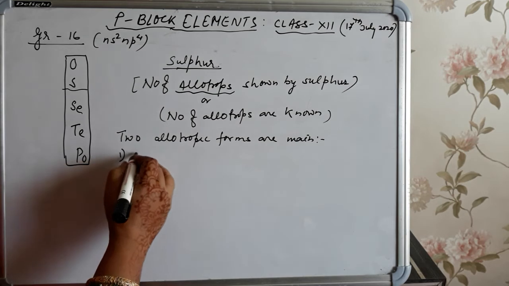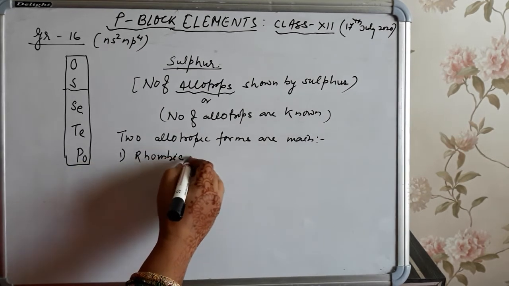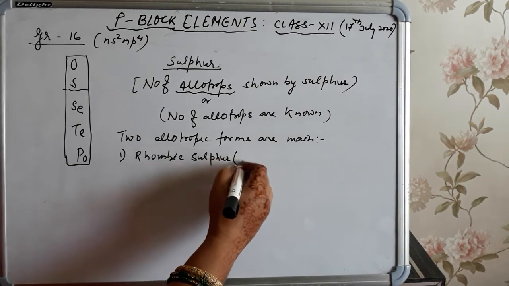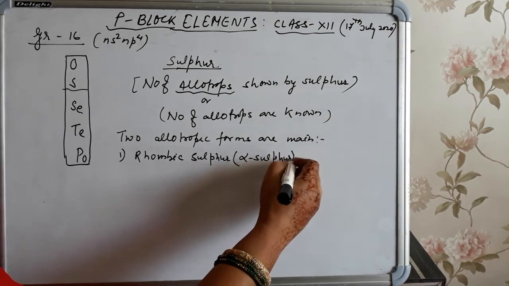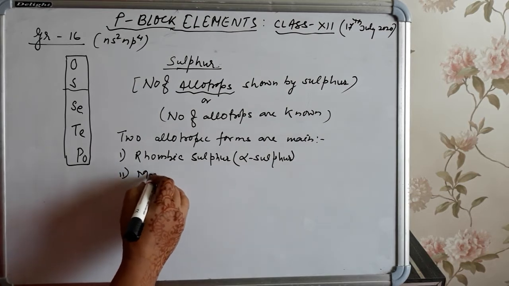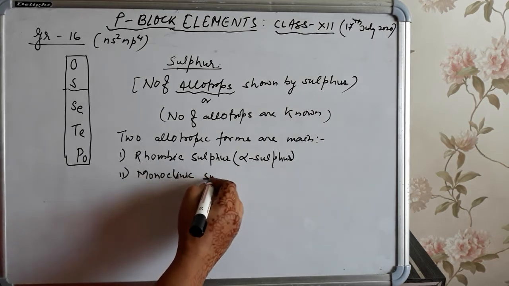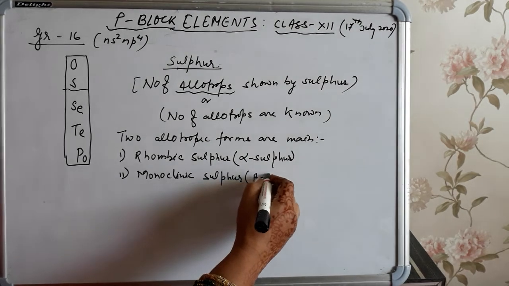Number 1, rhombic sulfur, which is also known as alpha sulfur. And the second one is monoclinic sulfur, which is known as beta sulfur.